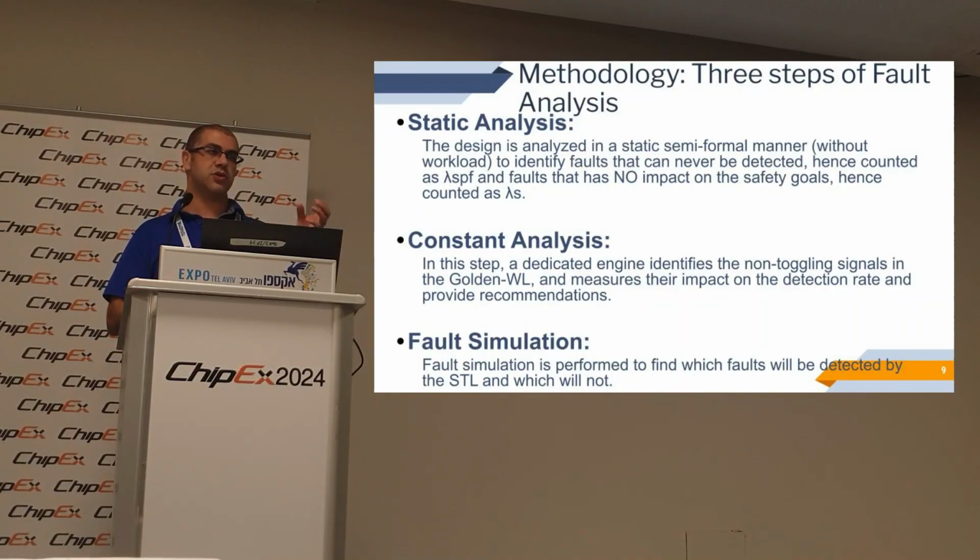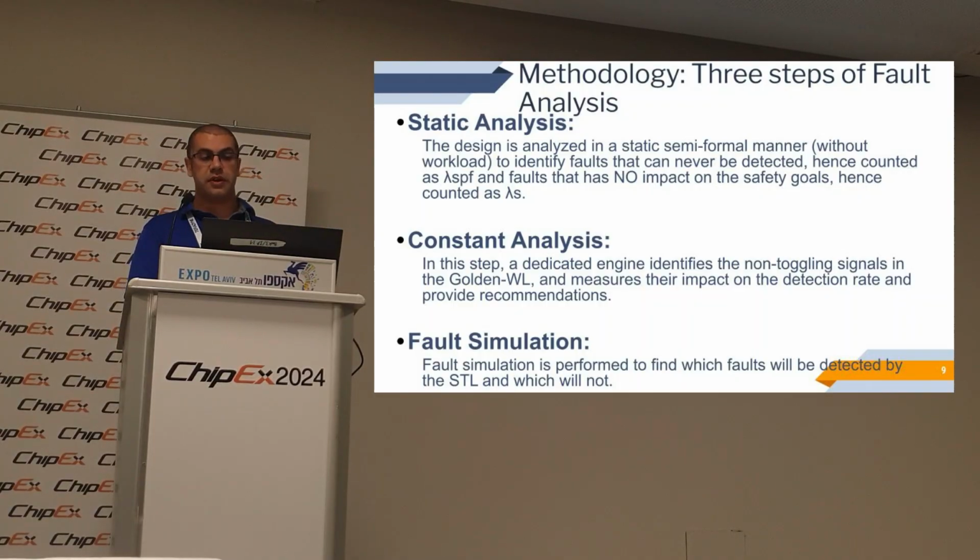Each customer will configure it in a different way, and it will activate different areas of the chip. So the constant analysis can know in advance, just by running it, that these faults will not be activated in this configuration or in this mode of the chip.